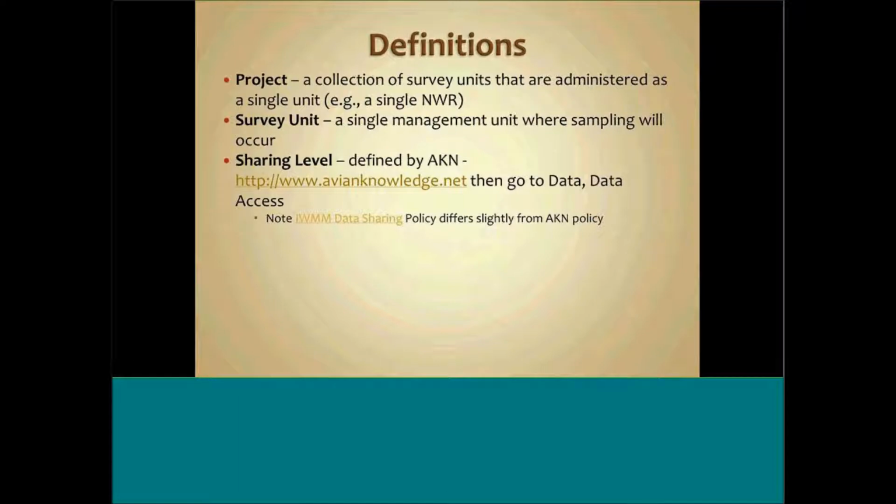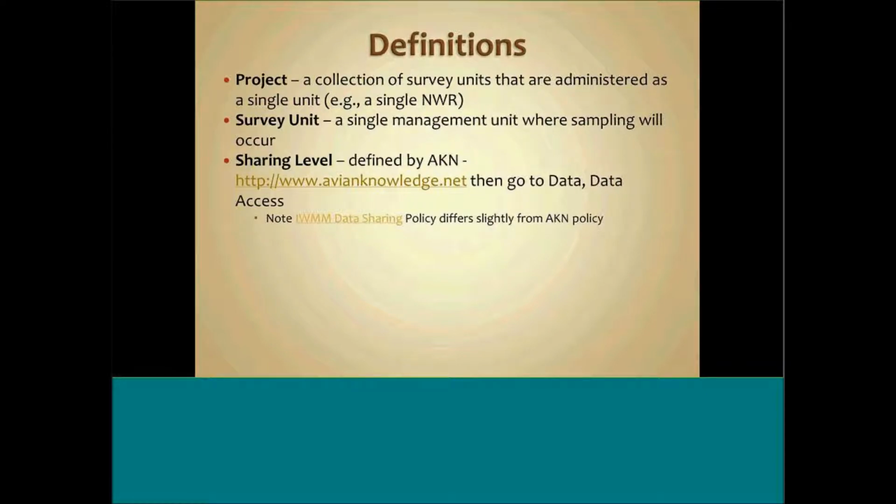As those of you that are working with other monitoring programs that are already part of the AKN know, your individual collection of either survey areas, transects, point counts, mostly what we would refer to, at least in the Fish and Wildlife Service, as a refuge, is called a project.